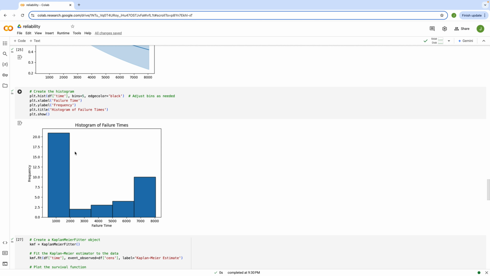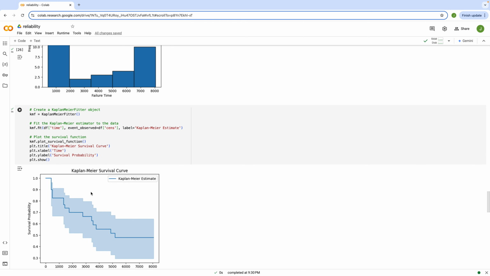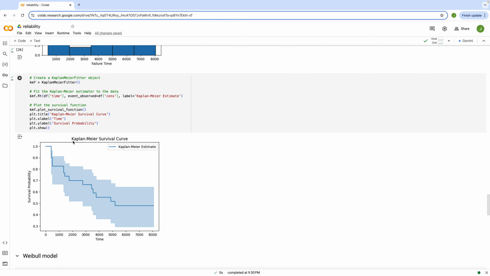So the Weibull, despite its tremendous flexibility, doesn't seem to perfectly model this data. There are some other density functions that might be a better choice, but we won't talk about that here. One thing that's considered the numerical estimate of the failure time is called the Kaplan-Meier survival curve, and it produces this survival curve.